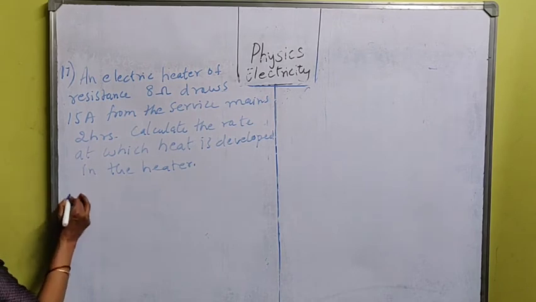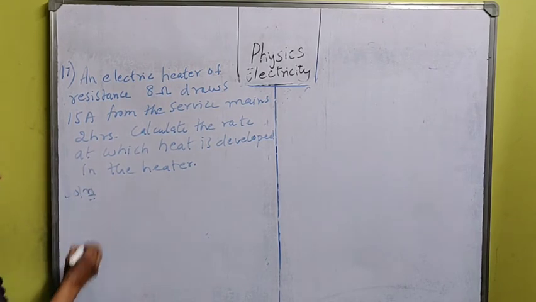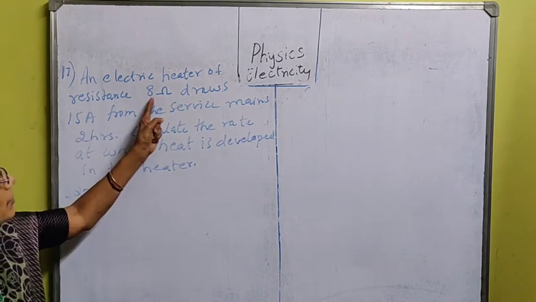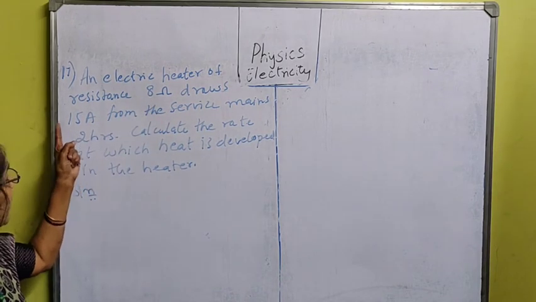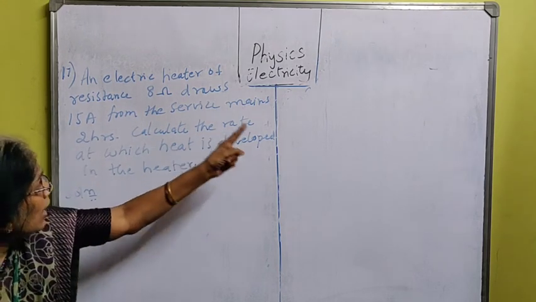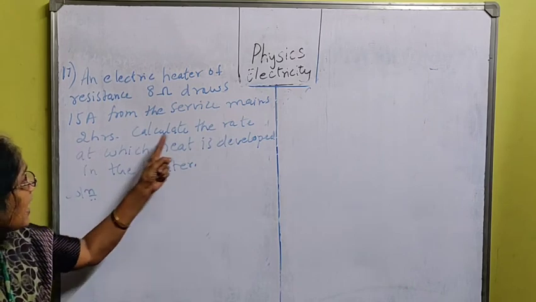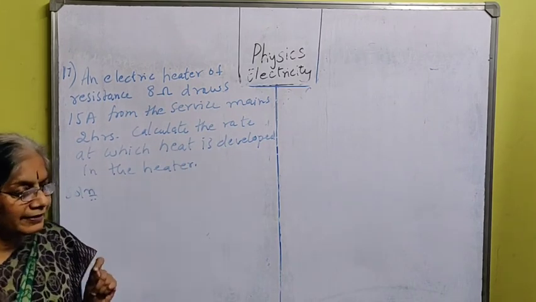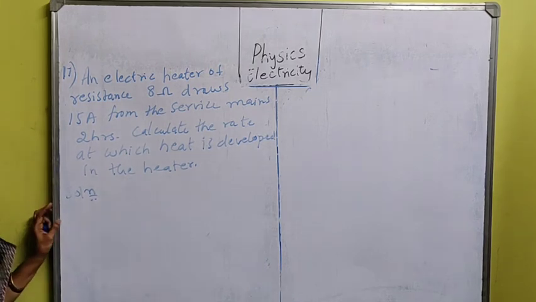We will go to the solution. Already I read the problem. In this problem, the electric heater is having a resistance of 8 ohm and it is drawing a current of 15 ampere, and it runs for 2 hours. Calculate the rate at which heat is developed in the heater. So you have to calculate the amount of heat.